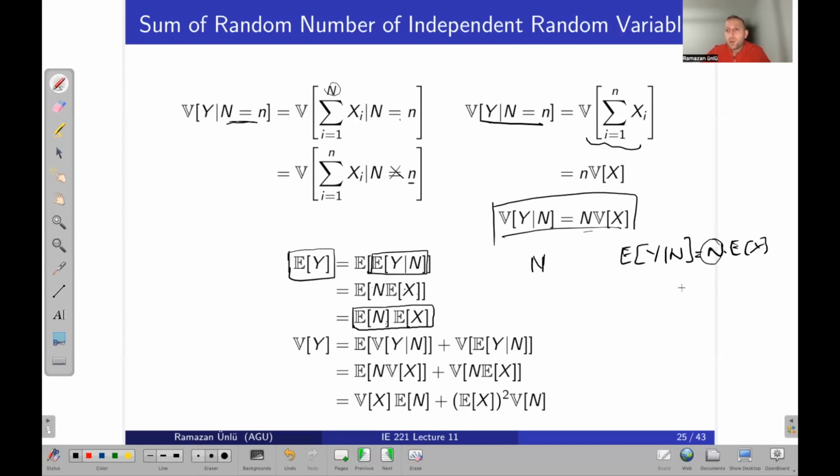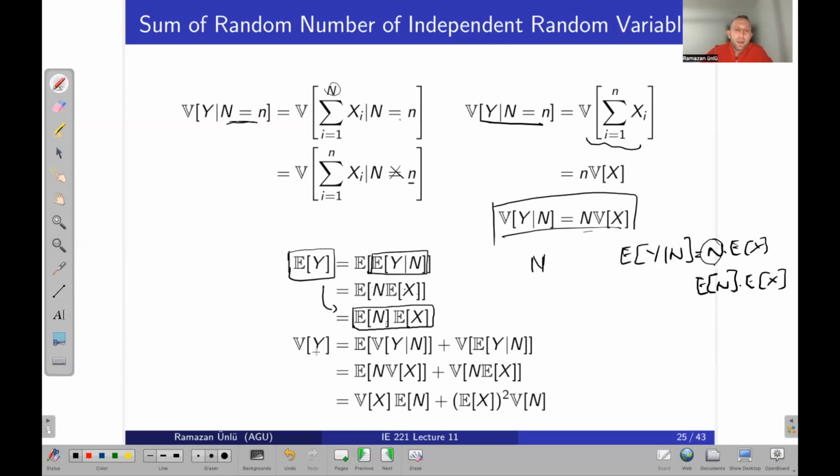And N is not for sure. N is not constant, and I don't know N. That's why it should be some expectation, the expected value of N times the expected value of X. So that makes sense in the probability world. Okay, so that is the first equality.